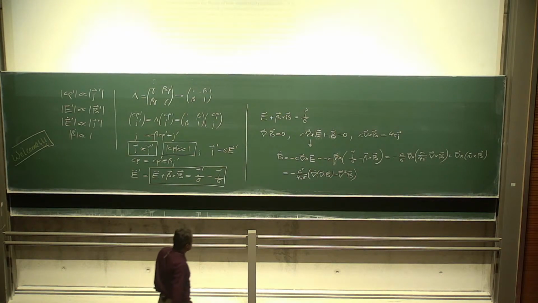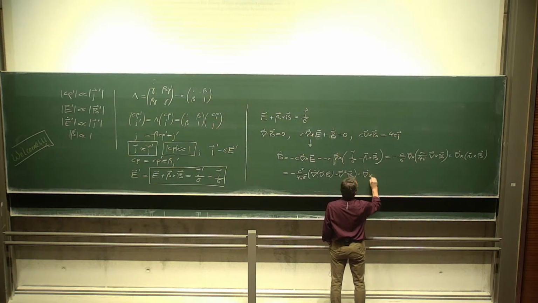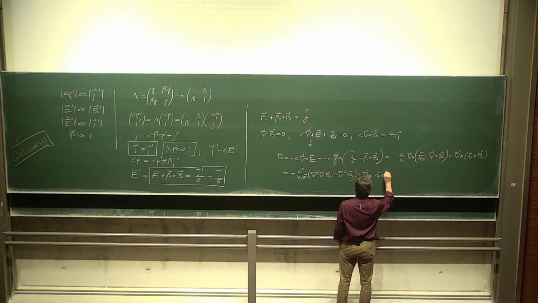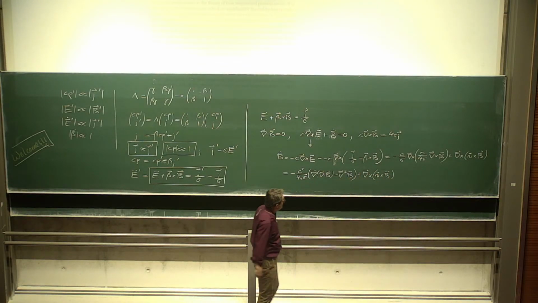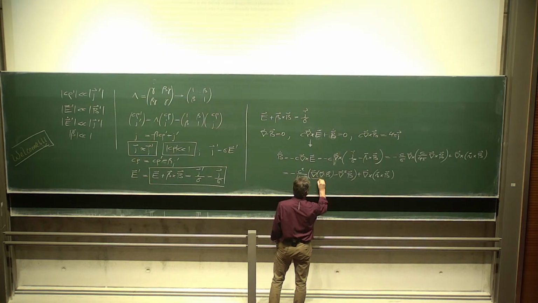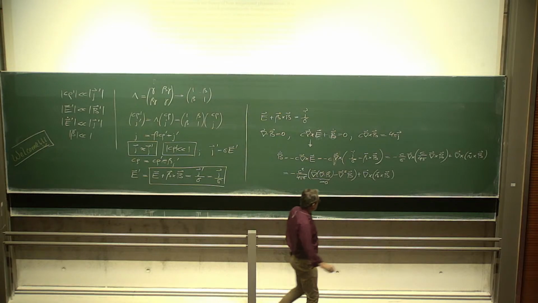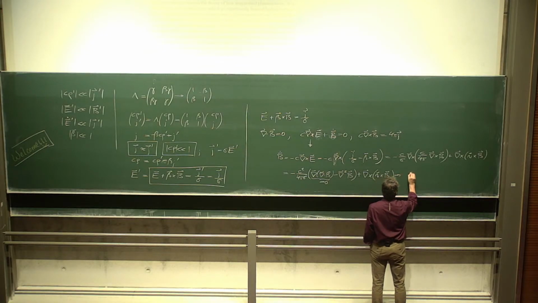And the divergence of B, of course, is 0. And then we have the curl of V cross B. Now we can ignore this one once and for all.